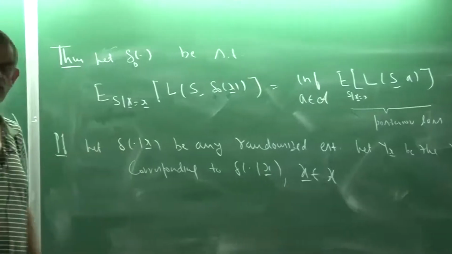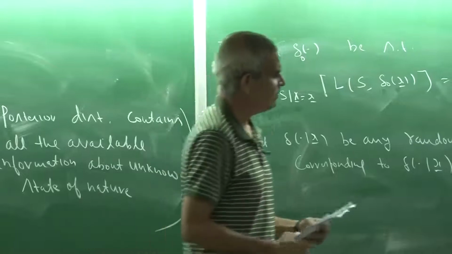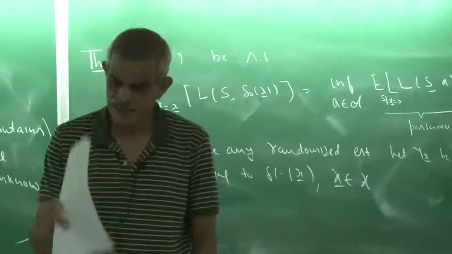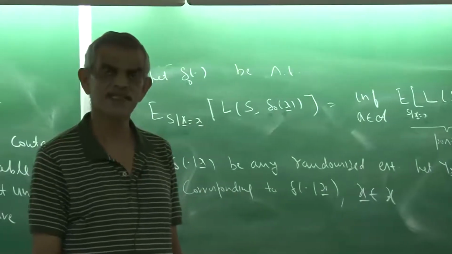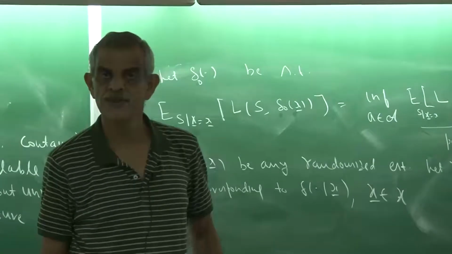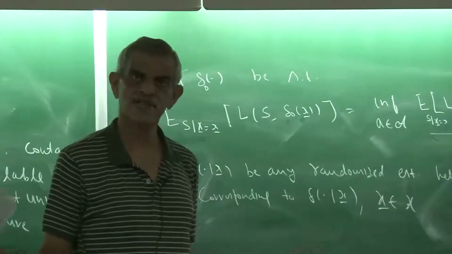So here, two randomizations are there. One is the randomization which is done by Yx. After you have taken the observed data, you do a randomization Yx, and then X itself is random. So when we talk about the risk function, averages are involved at two stages.